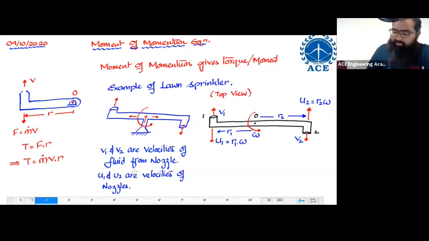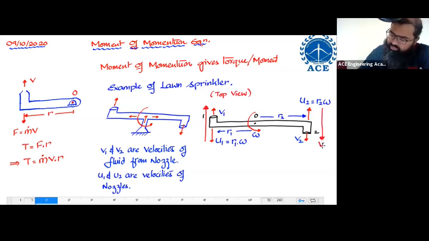Now what will happen when the fluid is coming out with V1 and the nozzle is moving back over here? Listen to this carefully. When the fluid is coming out with V1 and the nozzle is moving downward with U1, the fluid is going to develop a relative velocity. Similarly, over here, the fluid is developing a relative velocity.